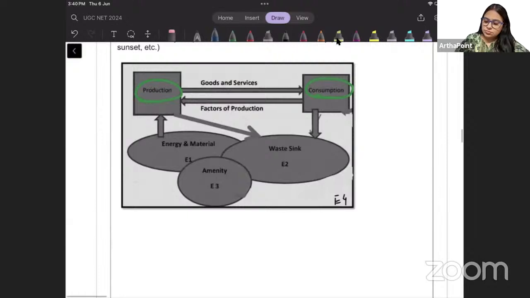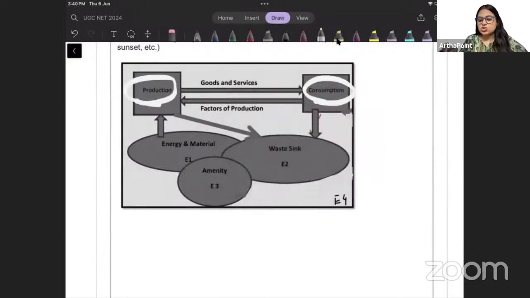Now, just a minute, beta. This will make more sense. So now one is producer and the other is consumer. Now what is happening? Producer is giving raw material, goods and service to the consumer. Producer अपने सारे goods और service consumer को provide कर रहा है. And in return, consumer is providing its factors of production to the producer.